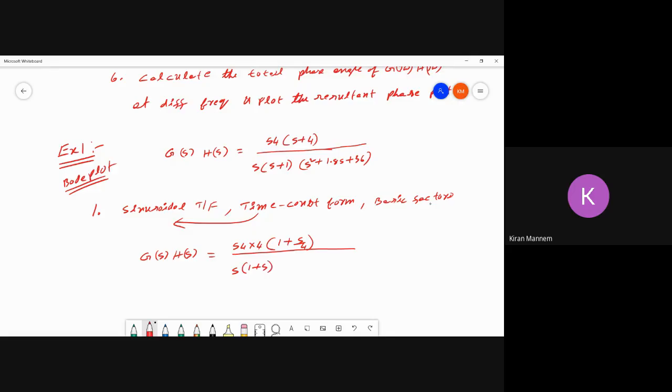The next one is the quadratic pole. We should write it as 1 plus 1.8s by 36 plus s square by 36, isn't it? So you have 36 here. Just divide all these terms, and if you are dividing, you should multiply with 36 outside. Let us recalculate this value.